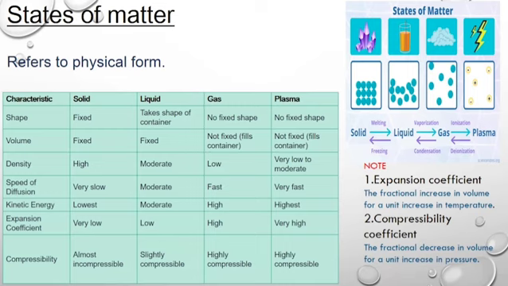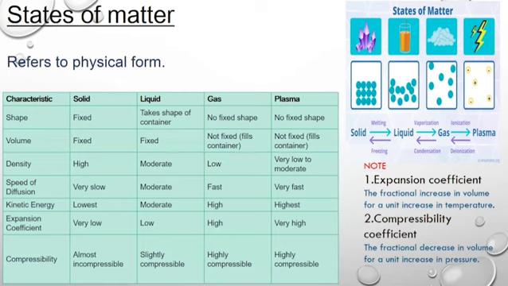In this table, I have summarized the characteristic features of each state of matter, and I want you guys to pause the video, take a look at it and study the differences of each state thoroughly.